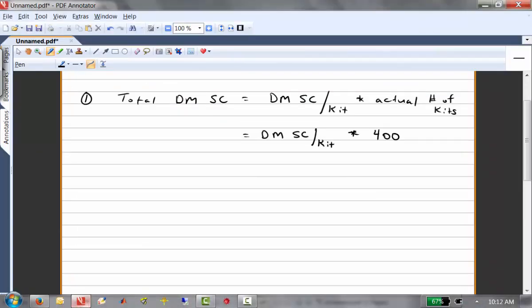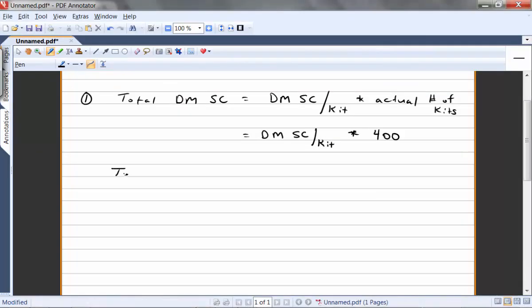So total direct labor standard cost, we know it equals the direct labor standard cost per kit times 400 kits.